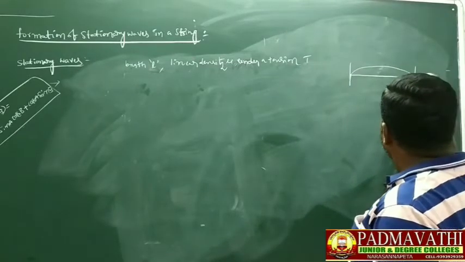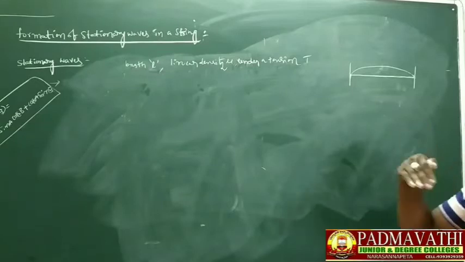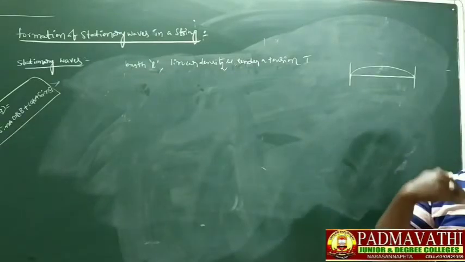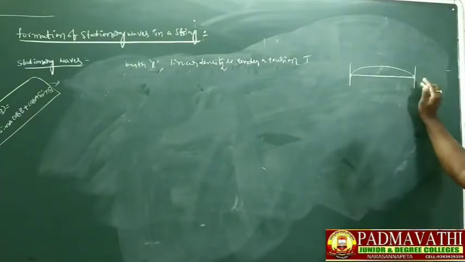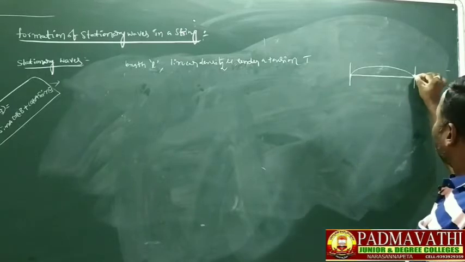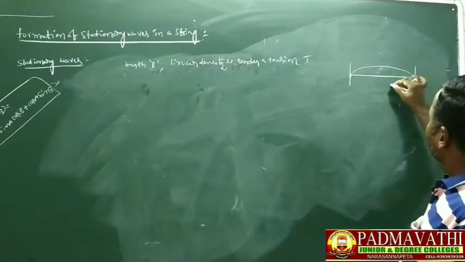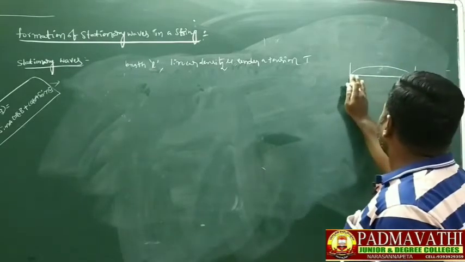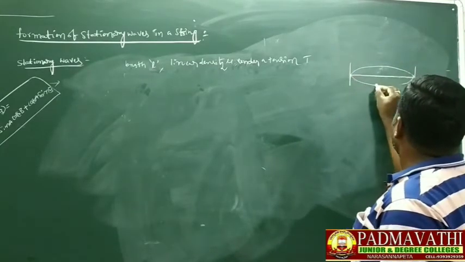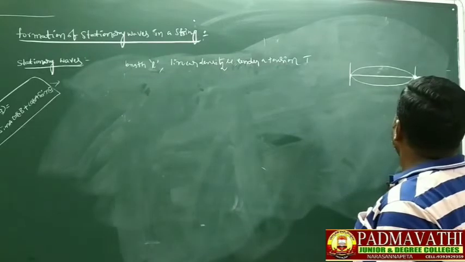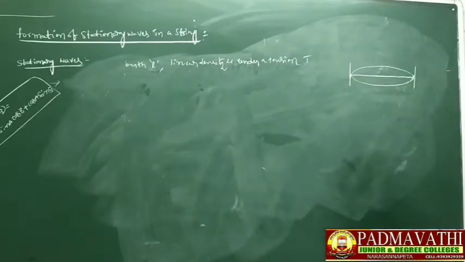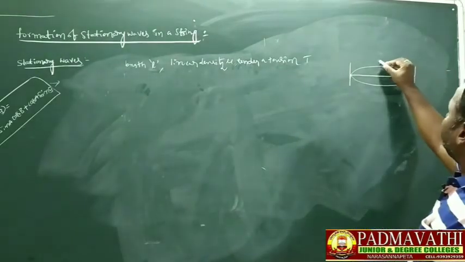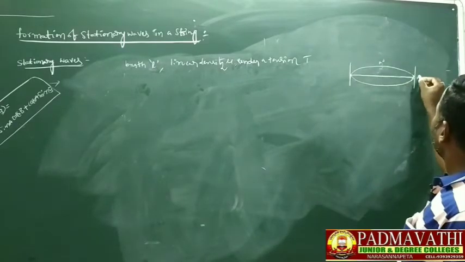The wave is incident and reflected at the second end of the rigid support, and the reflected wave superimposes. Then that is said to be a stationary wave. This is antinode point, this is node point.